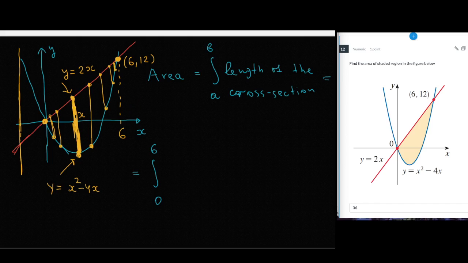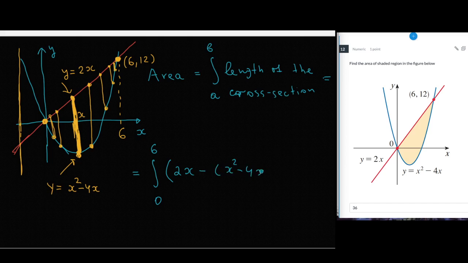Now for a vertical line segment, to determine its length, all we need to do is take the y coordinate of the top end point and subtract the y coordinate of the bottom end point. So the length of our typical cross section will be 2x minus (x squared minus 4x).